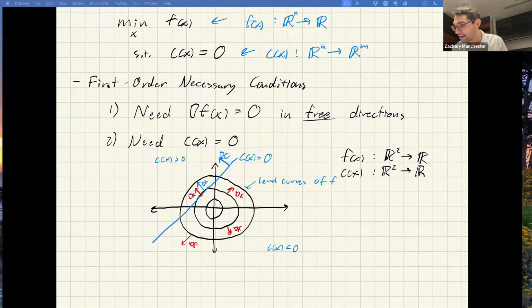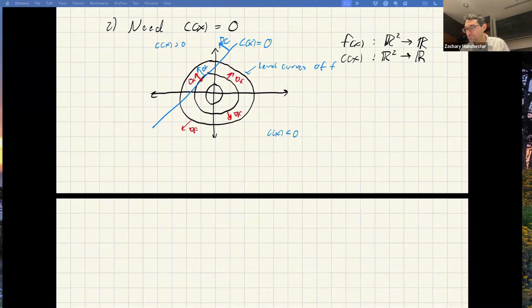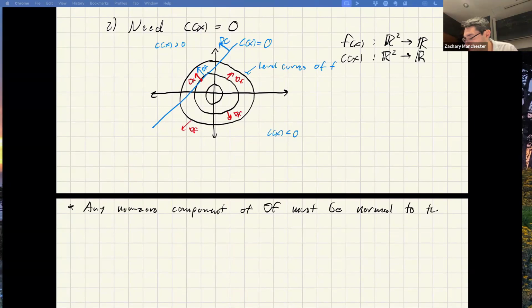Now we're going to write that in legit math. In words, any non-zero component of grad f must be normal to the constraint at an optimum.